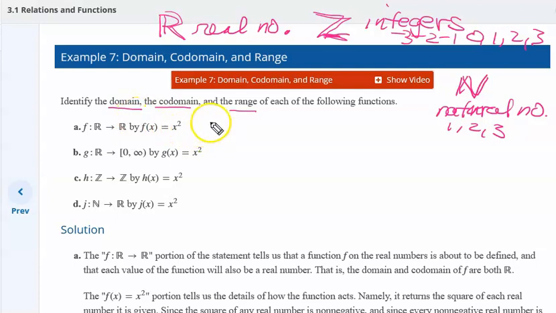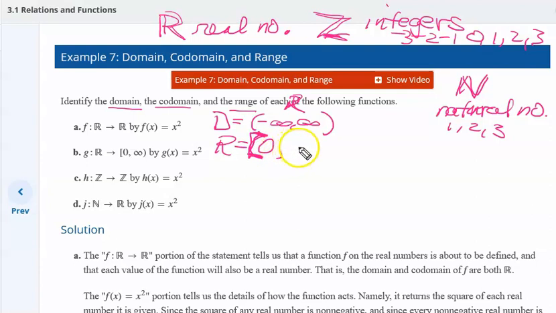So the domain is going to be from negative infinity to positive infinity, which is all real numbers. But now the range, since everything is going to be positive, will go from 0, and I should use a bracket because 0 is included in the set, and then to positive infinity.